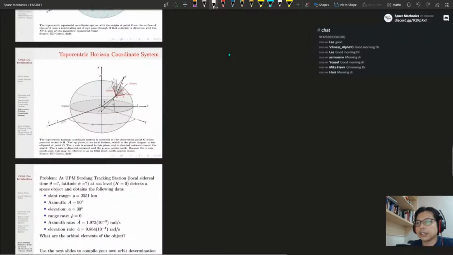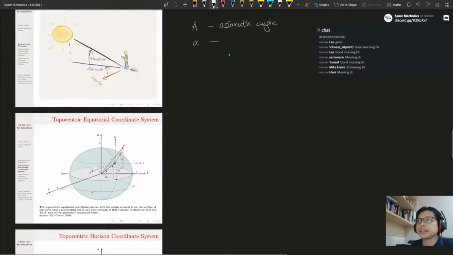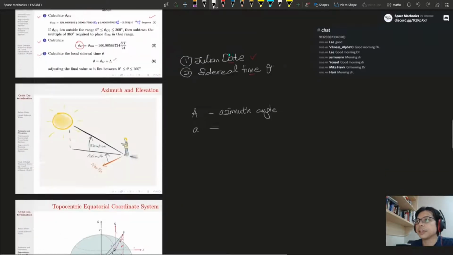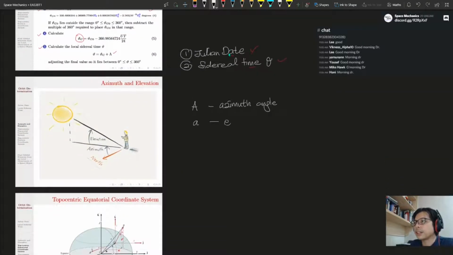Small a is what we call the elevation angle. You can use degrees or radians, it's up to you.